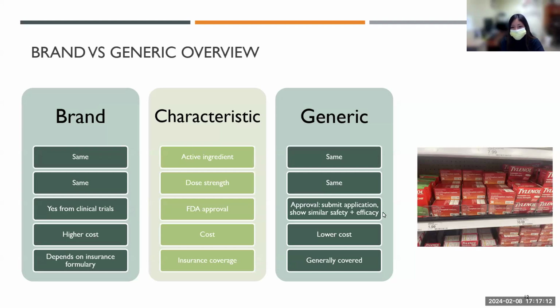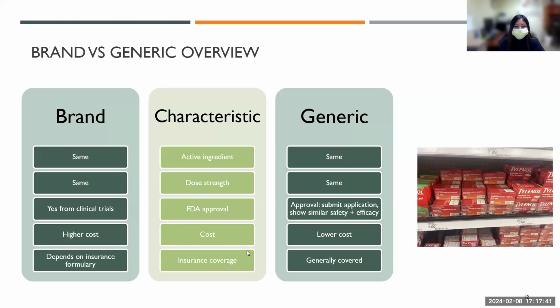Whereas the generic drug is also going to be approved by the FDA. However, they're using the same active ingredient since the drug has already been developed by the pharmaceutical company. But the companies that make the generic drug are going to have to show similar safety and efficacy and submit that application to the FDA to make sure that it's equally effective and safe compared to brand.